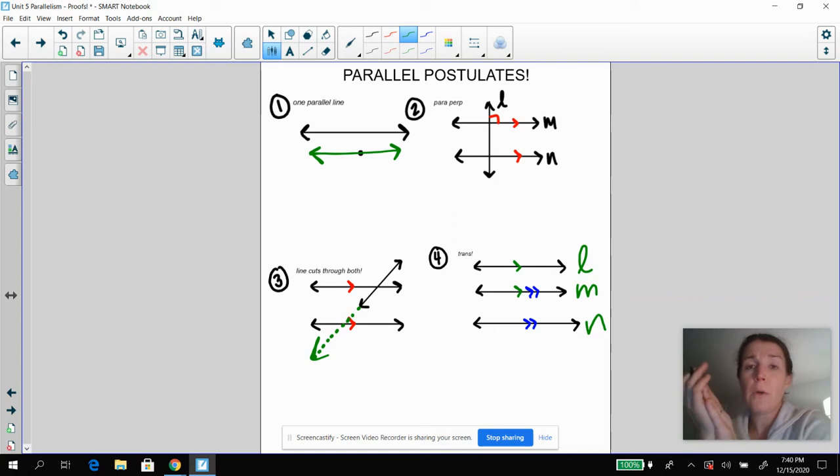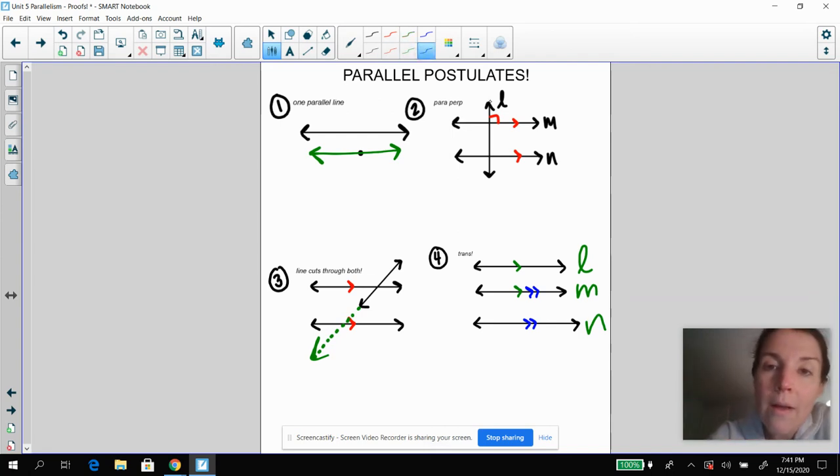So the first one, if we look at number 2, it kind of leads off of number 3, which I know the order is kind of off, but run with me here. So I know that I've got this line L, and line L is acting as my transversal through my parallel lines, line M and line N. Line L, that transversal, is perpendicular to line M. If it is perpendicular to line M, then watch.